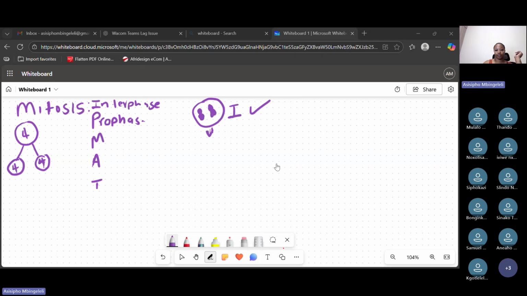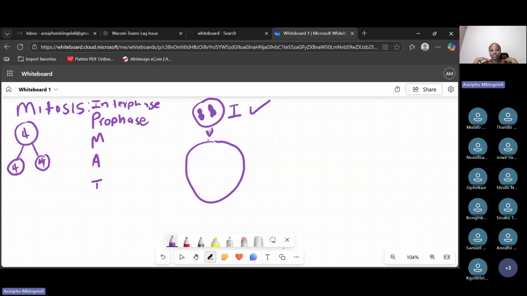Okay. So the next phase is prophase. In this phase, this is where we start to see the chromosomes. Please note, in mitosis, the chromosomes are not in pairs. So we are not going to speak about homologous chromosome pairs here.